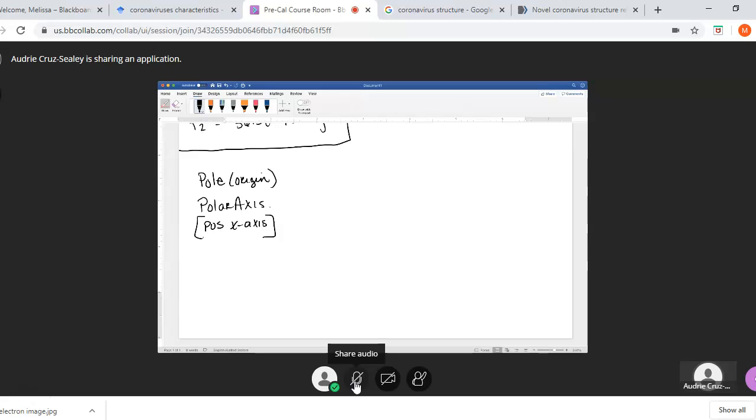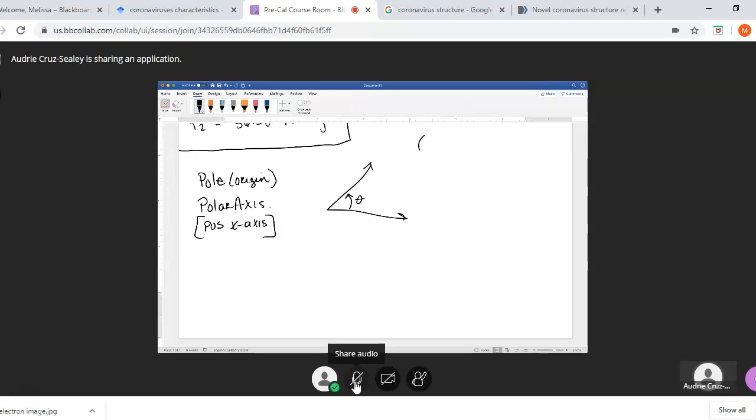So we're just learning vocab for right now. On your homework, it might call the origin the pole, and the polar axis is the positive x-axis. Is that cool? You already know all this. You still travel this way to get a positive angle. And we know how to do that.